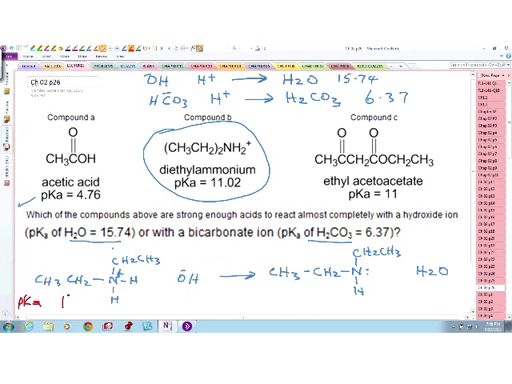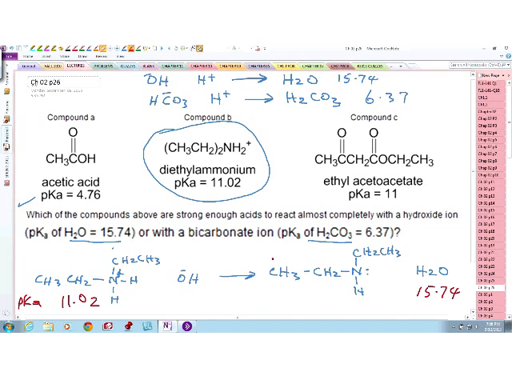Okay, the pKa for this is 11.02. And then on the right side, which is the acid? Water. And what is the pKa of water? 15.74.